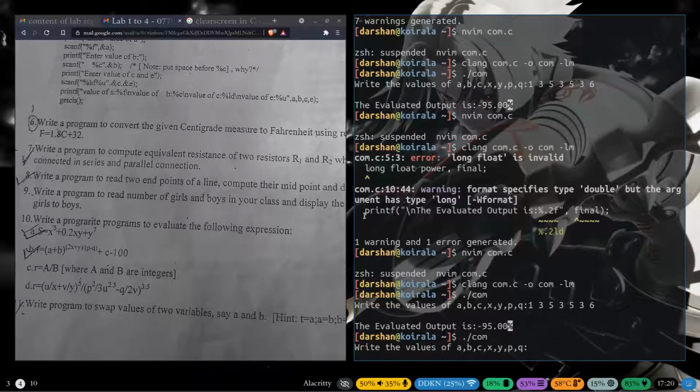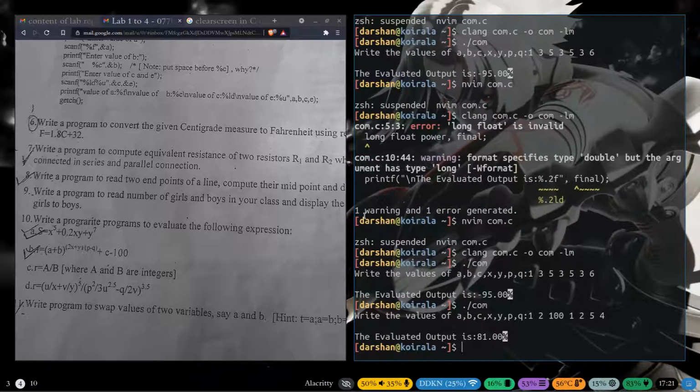Okay, 1 2 is 1 2, 2 into x, 100. 1 2 100, x is 1, y is 2, and is 5 and 4, 81, right? That's true.